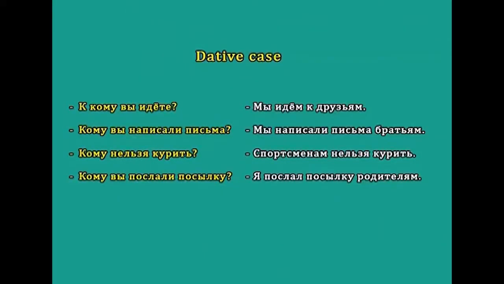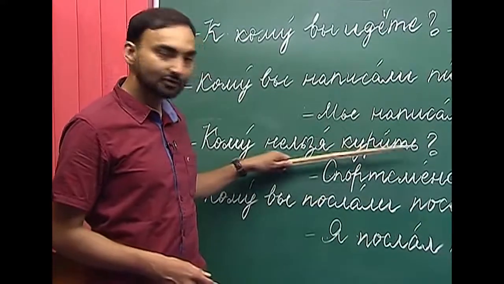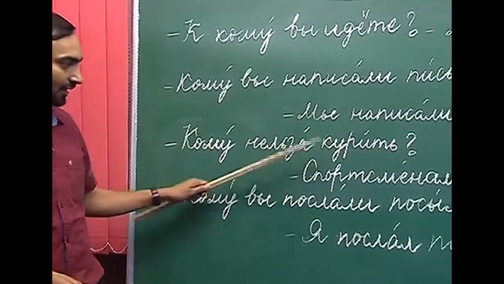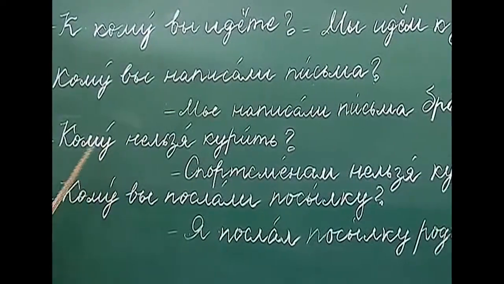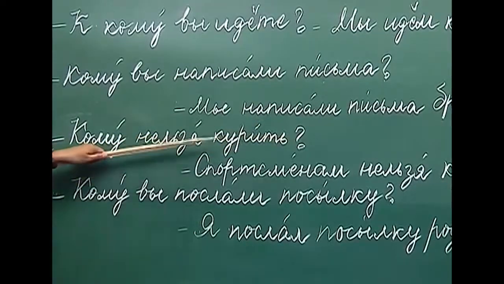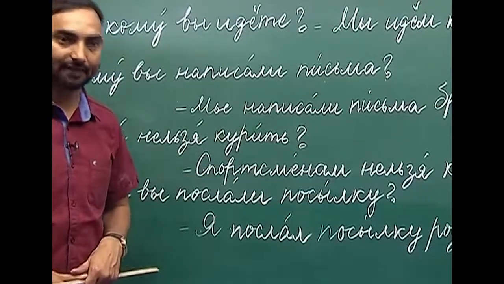Kamu nilzea kurit. Who should never smoke? Kurit is to smoke. And how do we answer this question? We have already done that these constructions are impersonal constructions, and as the logical subject we use the noun in the dative case.